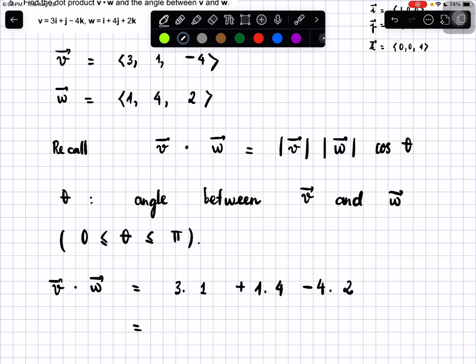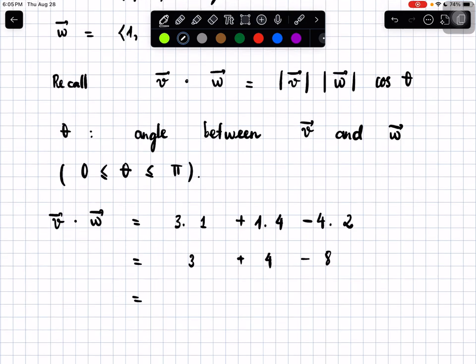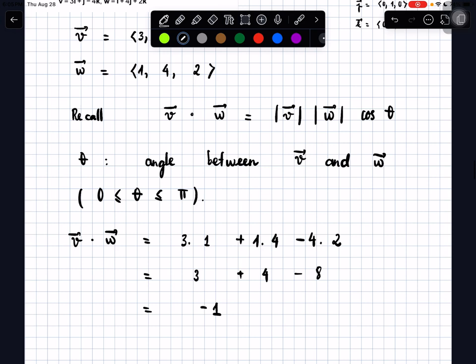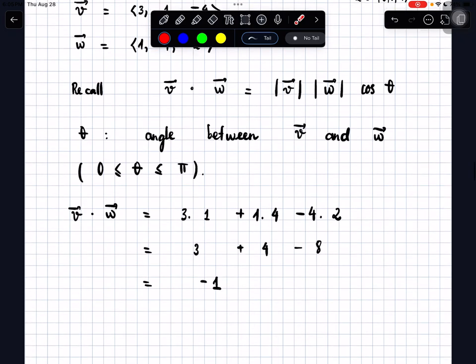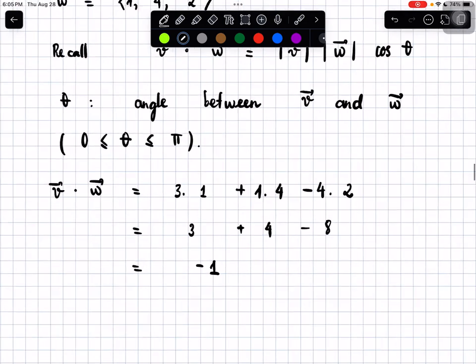So we have 3, 4, minus 8, so minus 1. So the dot product of two vectors is minus 1. That is the left hand side. Now the right hand side is the length of v.